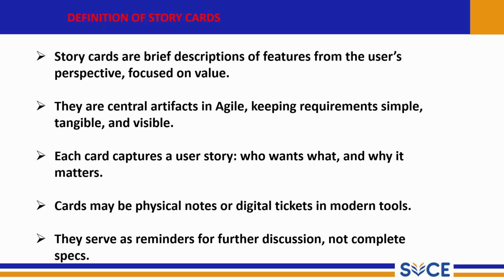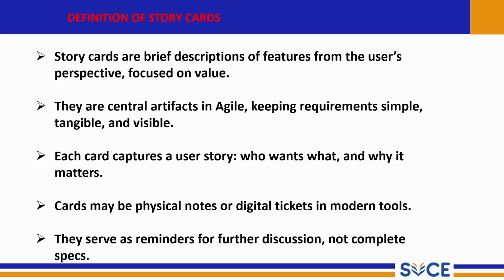They are central artifacts in Agile, keeping the requirements simple, tangible, and visible. Unlike long documents, story cards are easy to understand and track. Each card captures the user story: who wants what and why it matters. It follows the structure user, need and reason.